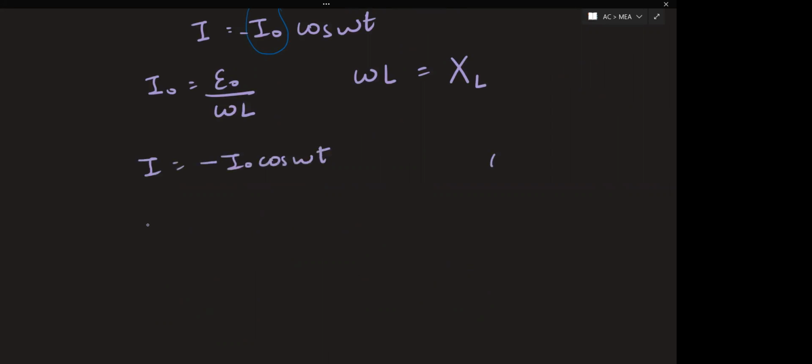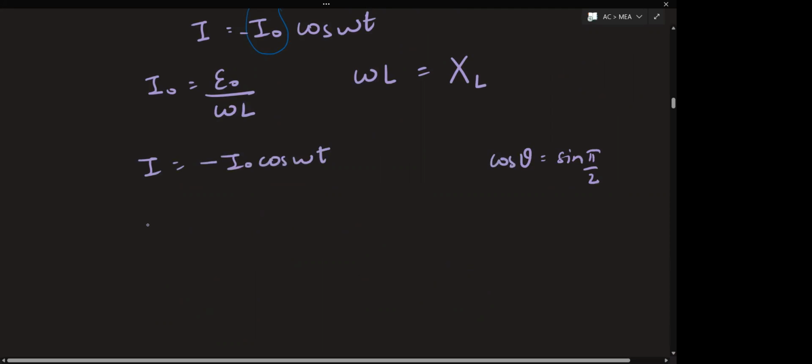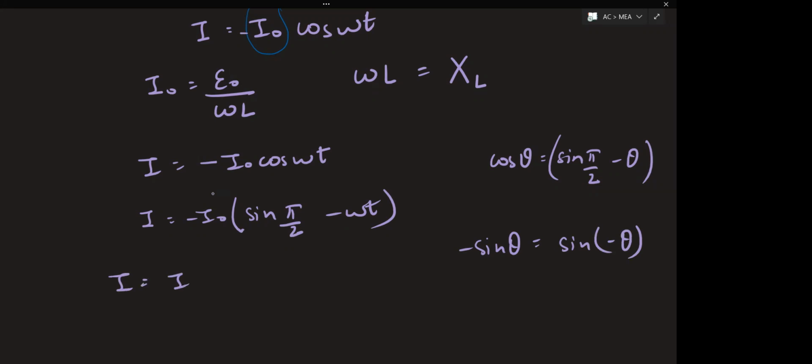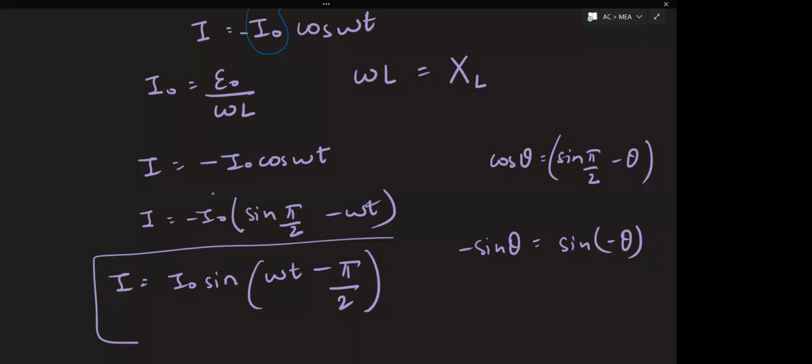Cos theta is equal to sine of pi by 2 minus theta, so you can write I as minus I naught sine of pi by 2 minus omega t. If you reverse it, minus sine theta becomes sine of minus theta, so both are the same. So you can write I as I naught sine of omega t minus pi by 2. This is the equation of current.